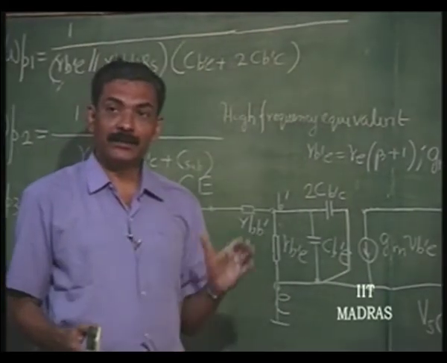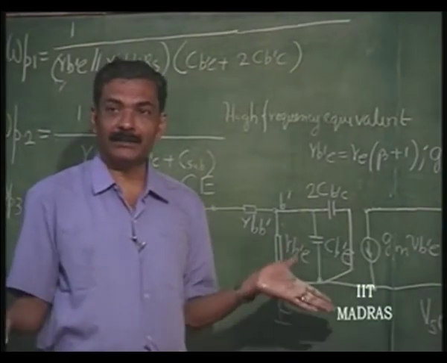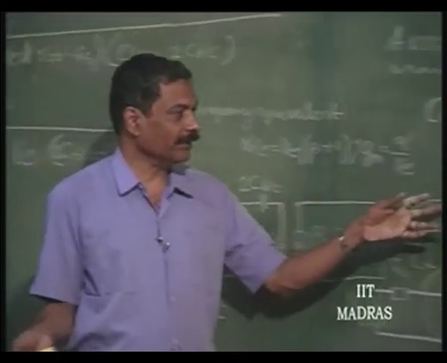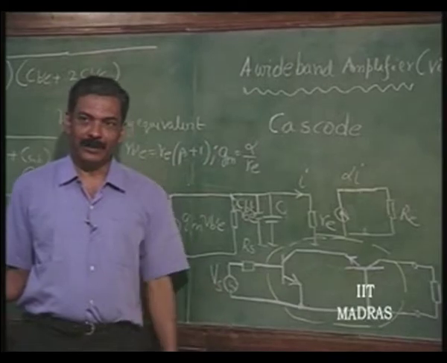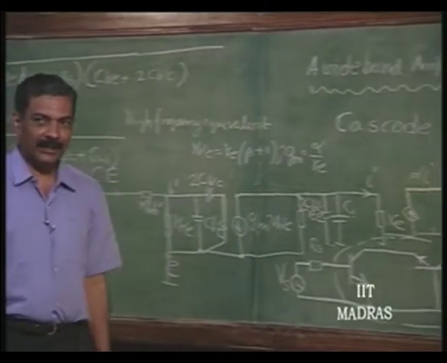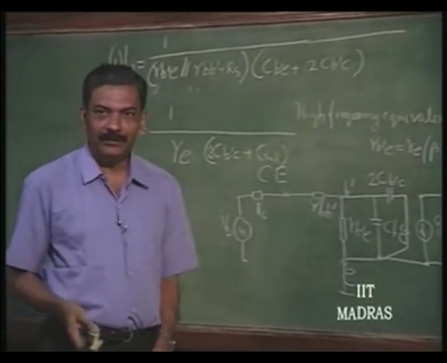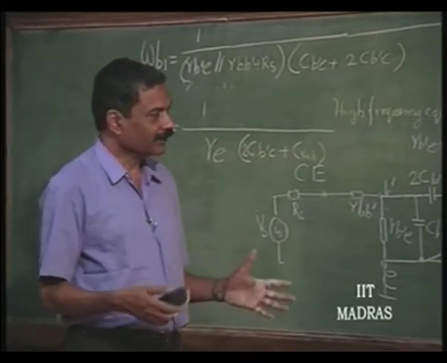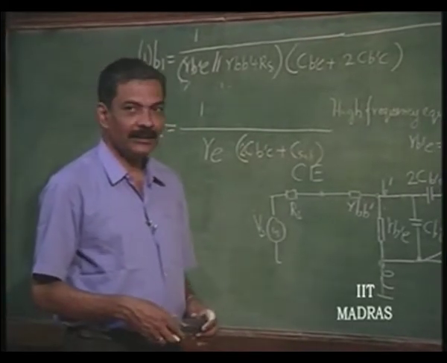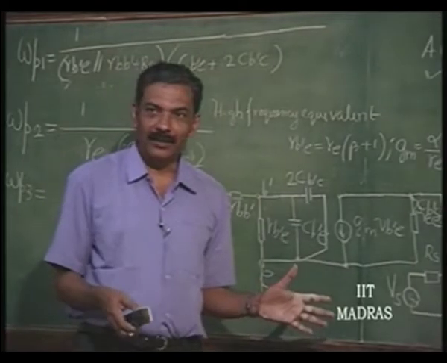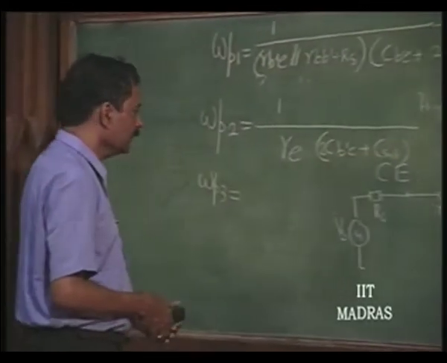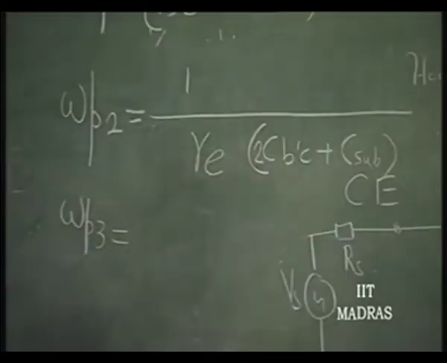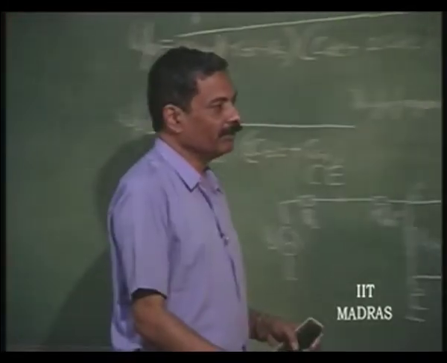As far as the low frequency gain is concerned, it still remains A naught, because this current and this current are one and the same, and it is still flowing through RC. So, the low frequency gain still remains Gm into RC. In fact, it is just now Gm into RC, no RC parallel RC also comes into picture. So, it is simply Gm into RC. So, omega P3 is the time constant here.